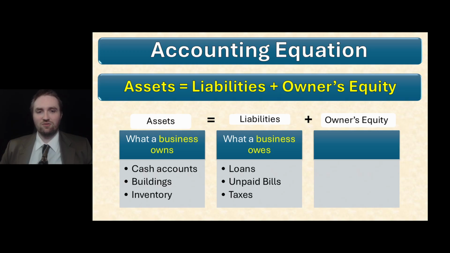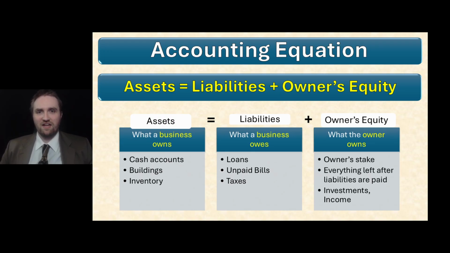These are things like loans, unpaid bills, and taxes. Owner's equity is what the owner owns. Think of this like the owner's stake in the business. What the owner has claim to, in other words. Owner's equity is everything left to the owner after all the liabilities are paid. Owner's equity increases with things like owner investments and net income.